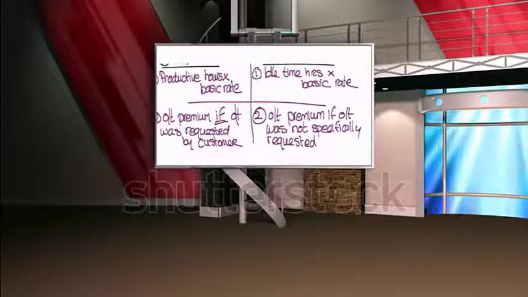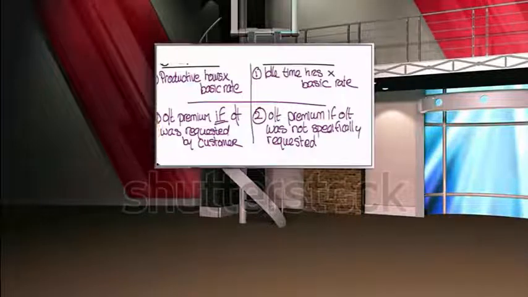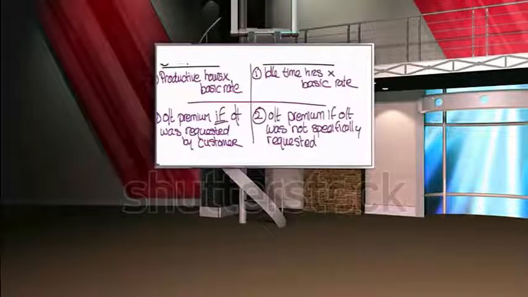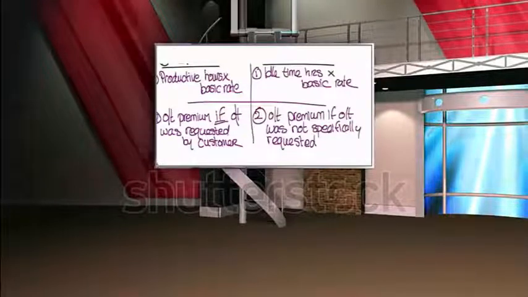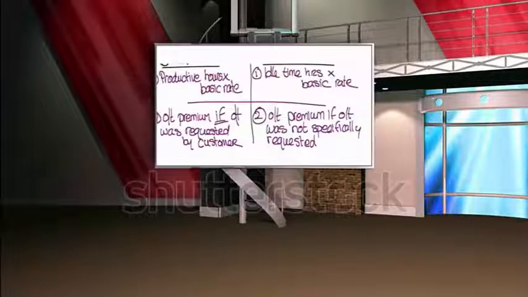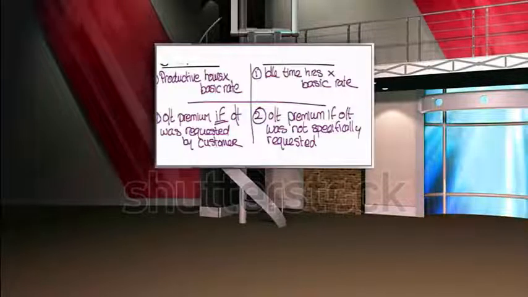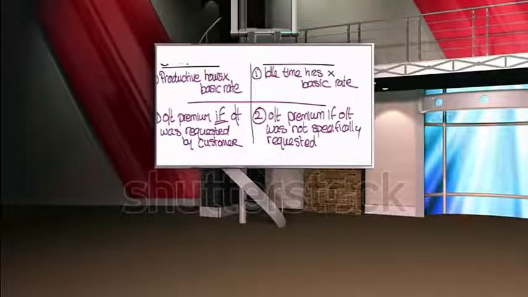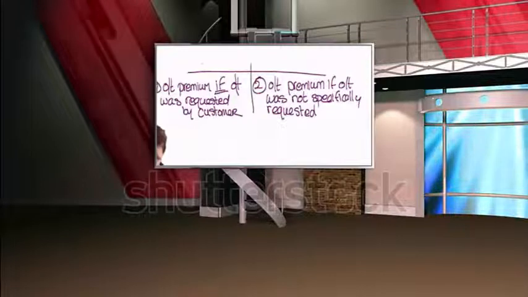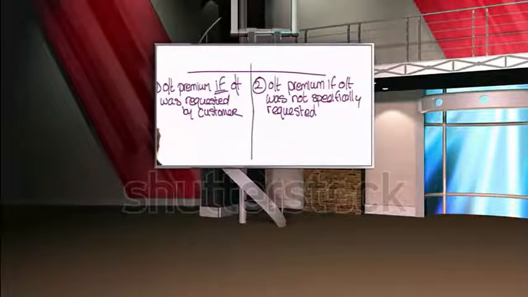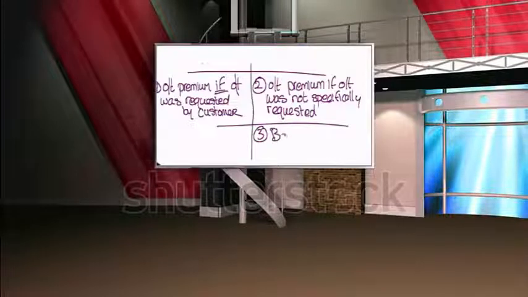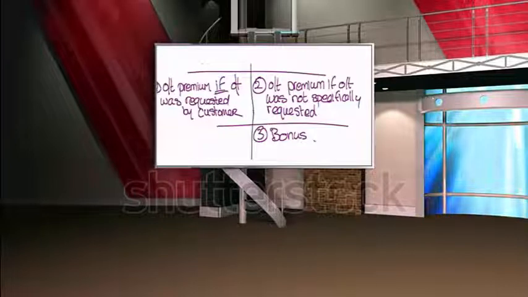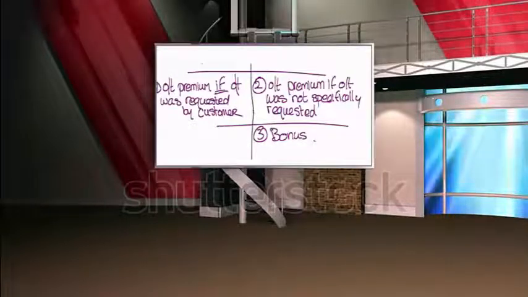So if our staff are working overtime, not because a particular customer requested early completion, but just because our factory is generally busy, then our overtime premium, so the extra bit we pay for those hours, would be an indirect cost. And finally, in our indirect costs, we would also have any bonus we pay to our production line workers. This will always be considered indirect.